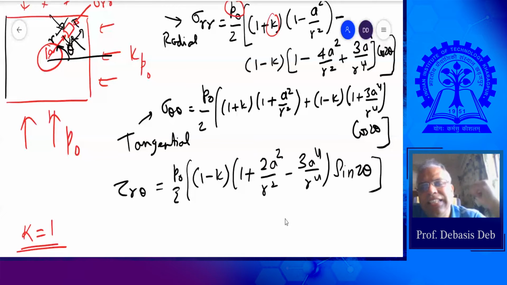Now, what do you mean by K equals to 1? What does it mean? Principal plane. No, no, principal plane, okay, because tau r theta has vanished.